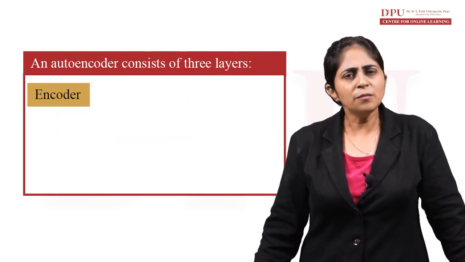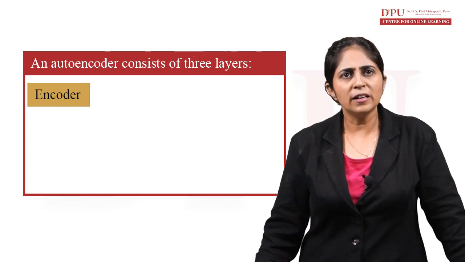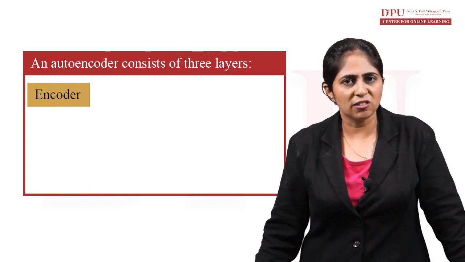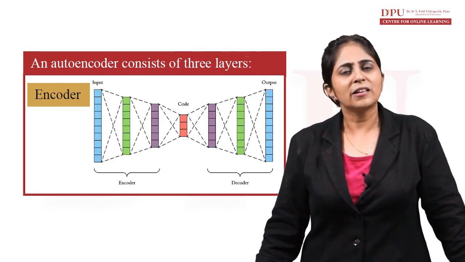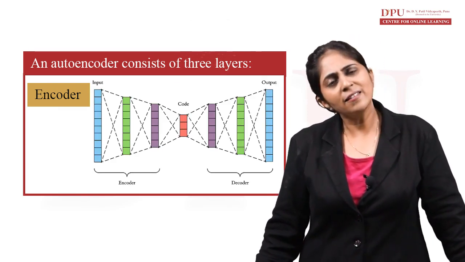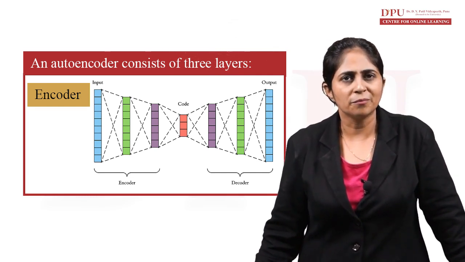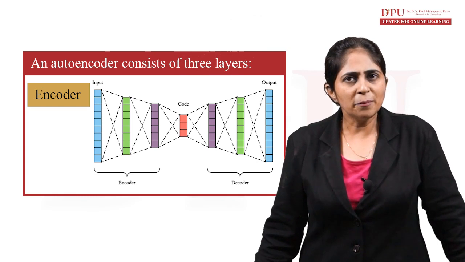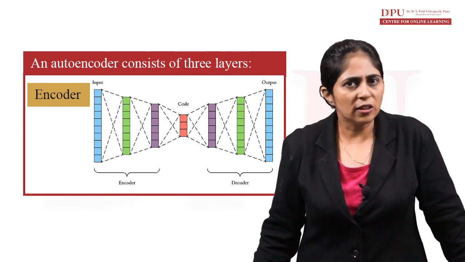The encoder, this part of the neural network, compresses the input into a latent space representation. This layer encodes the input image as a compressed representation in a reduced dimension. The compressed image is a distorted version of the original image.